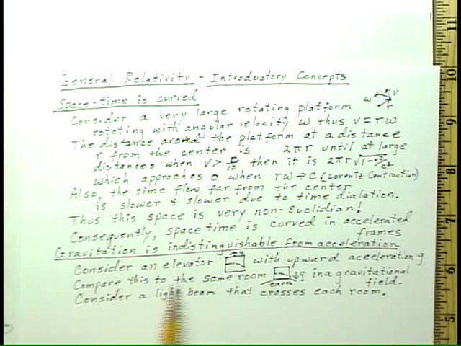I want to compare that, however, to that same room that's sitting on the earth in a gravitational field. Since the photon that makes up light has no mass, and since the gravitational force, according to Newton, says that the force on a particle of mass 0 is equal to 0, it follows that there the piece of light would go straight across the room. So we would get a difference because of light, but because of no other particle.